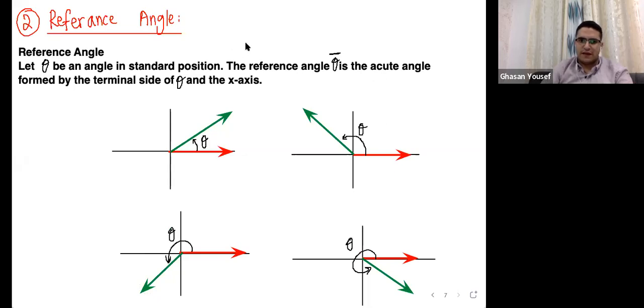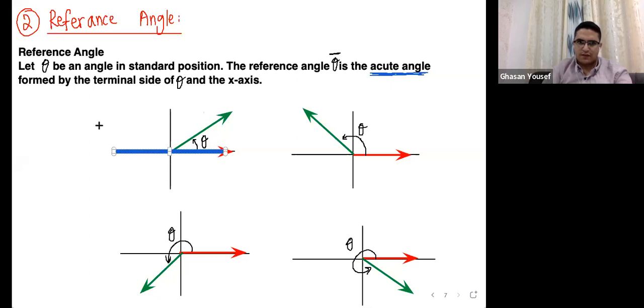Now, my reference angle for the first one is the acute angle formed by the terminal side, this is my terminal side of theta, and the positive x-axis. This is my x-axis.